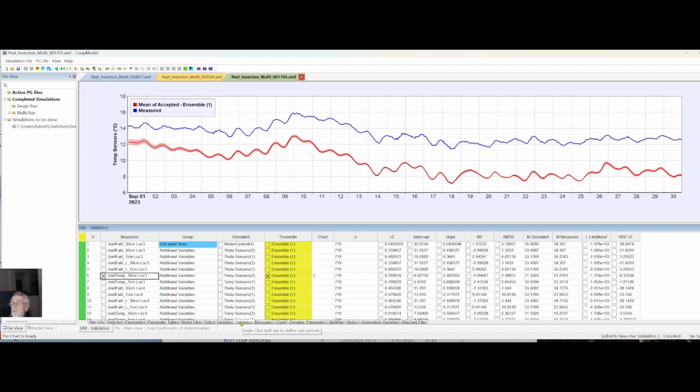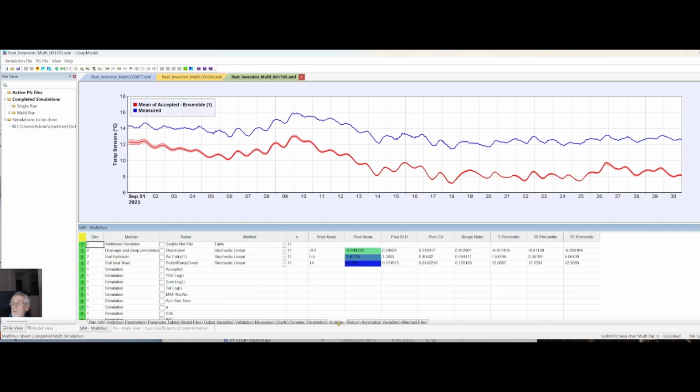To look at the parameters in a graphic way, I visit the Multirun tab, and then I can see that here we have posterior values of those parameters.